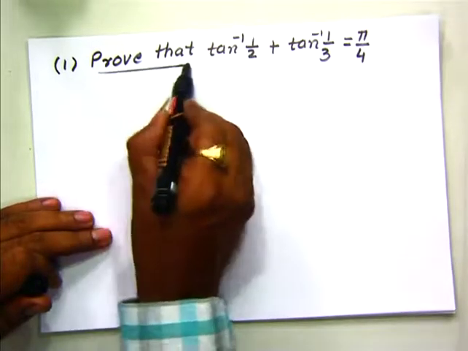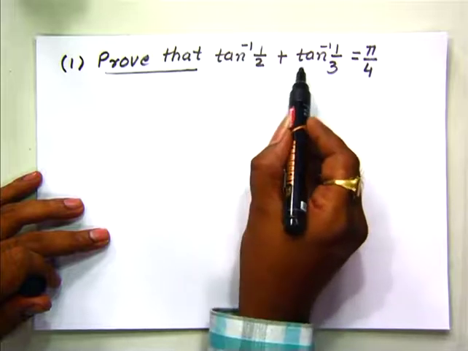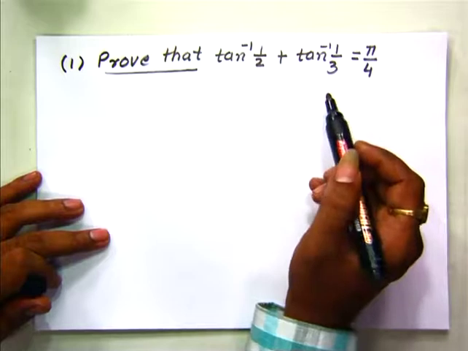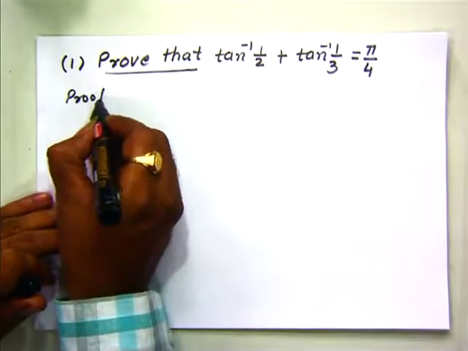Prove that. Okay. Tan inverse 1 by 2 plus tan inverse 1 by 3 equal to pi by 4. So let's prove it.